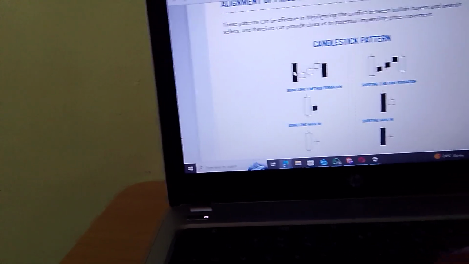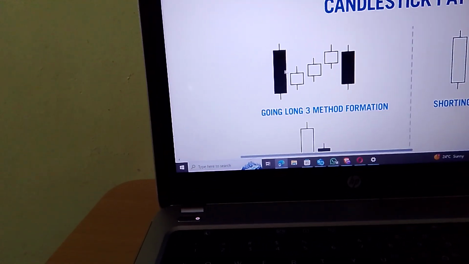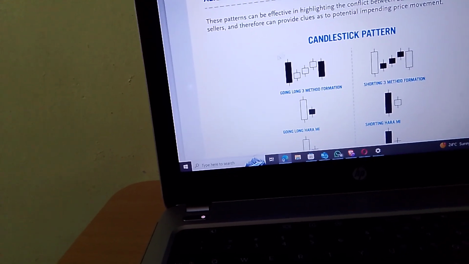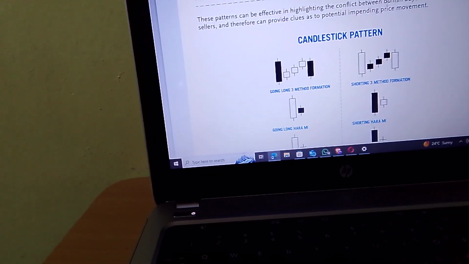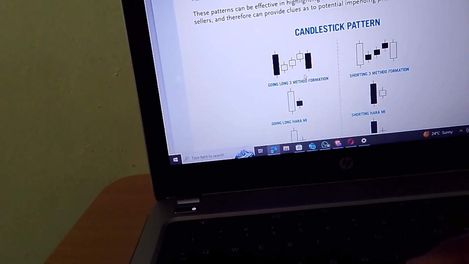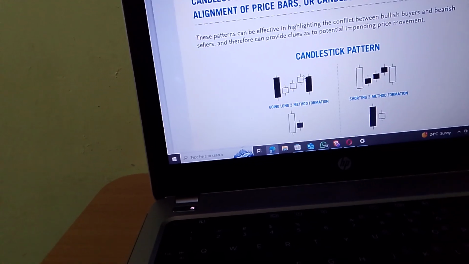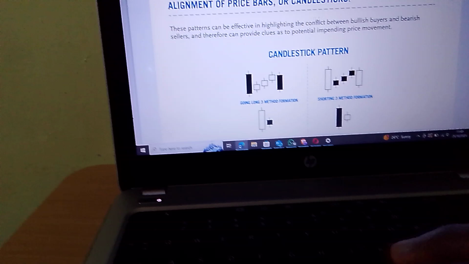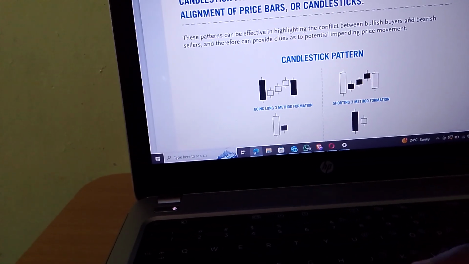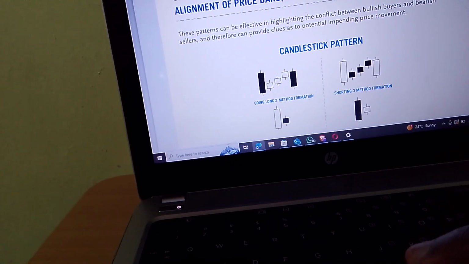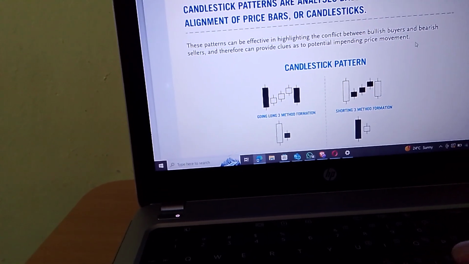These ones here are the price bars. These patterns can be effective in highlighting the conflict between bullish buyers and bearish sellers, and therefore can provide clues as to potential impending price movement.